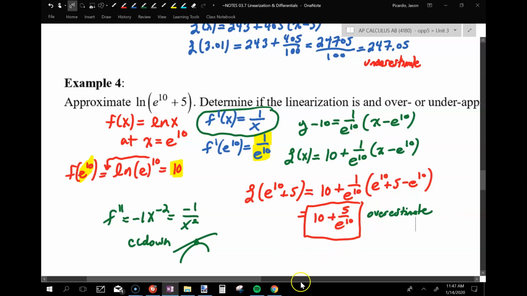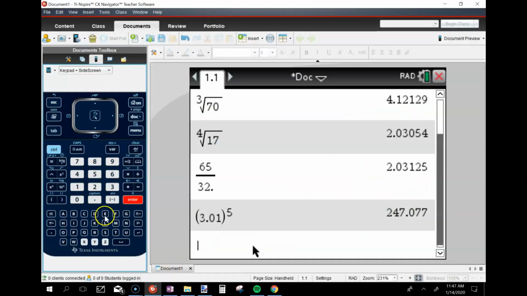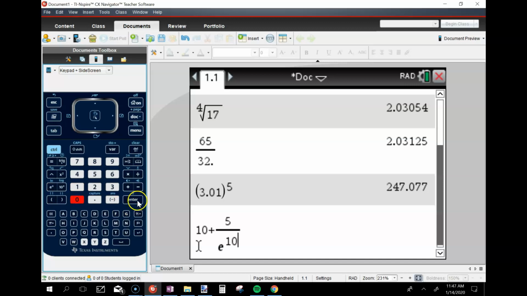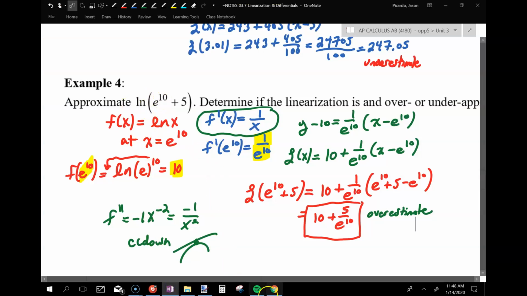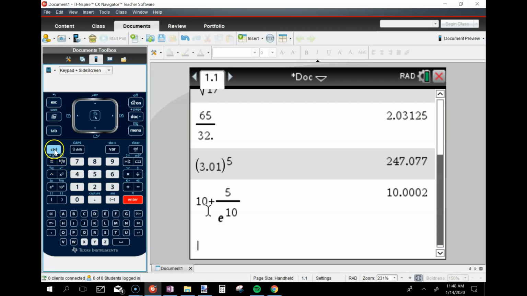Let's see just how much. 10 plus 5 over e to the 10. Okay, that's what I believe will be my overestimate. And what am I looking at? Natural log of e to the 10 plus 5. Natural log.